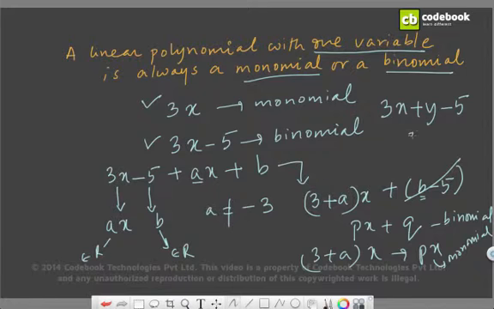This has three terms and the degree of the polynomial is still 1, because the degree of these two terms is 1. So the term with the highest degree is 1, so the degree of the polynomial is 1. So this is still a linear polynomial, but now it is a trinomial. So this statement holds only for polynomials with one variable and degree 1. A linear polynomial with one variable is always a monomial or a binomial.